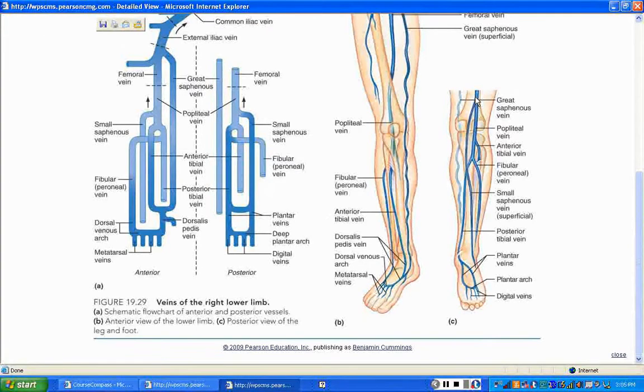Notice here you even see the great saphenous, which dangles down into the calf as well. Cool thing about those saphenous veins, they can take them out and use them for bypass surgery. It's a common vein that they use for that, the saphenous vein. They can use mammaries as well.